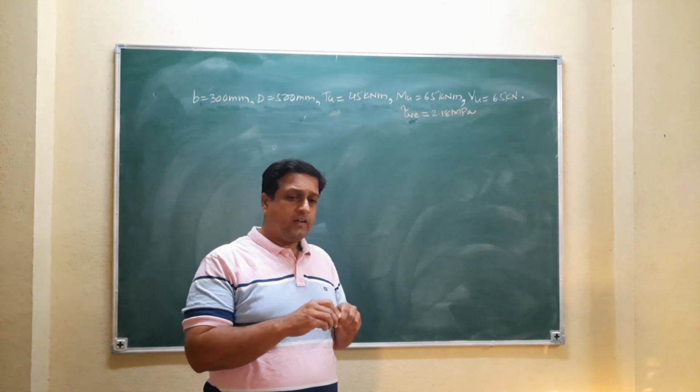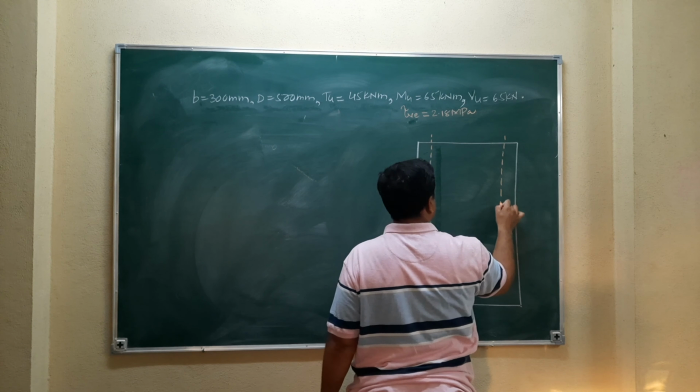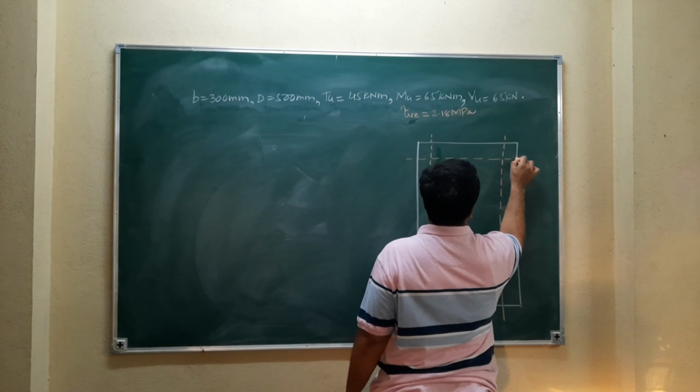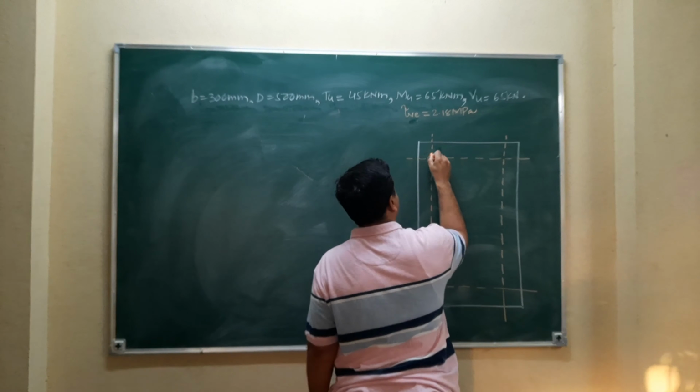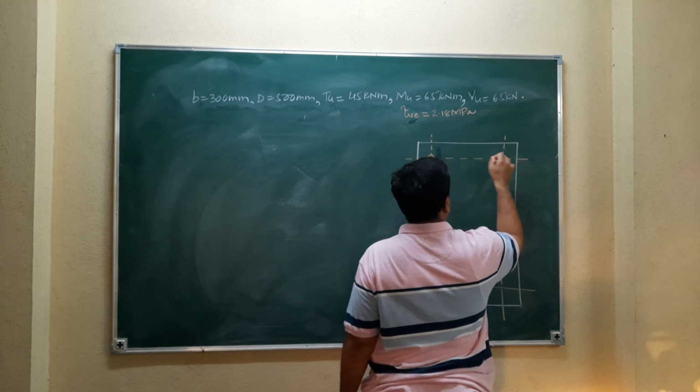This is the cross-sectional view of the beam, and this is the vertical axis where the reinforcement is provided, and this is the horizontal axis. Exactly at this location the compression steel is provided, and exactly below this, on the same axis, the tension steel is provided.